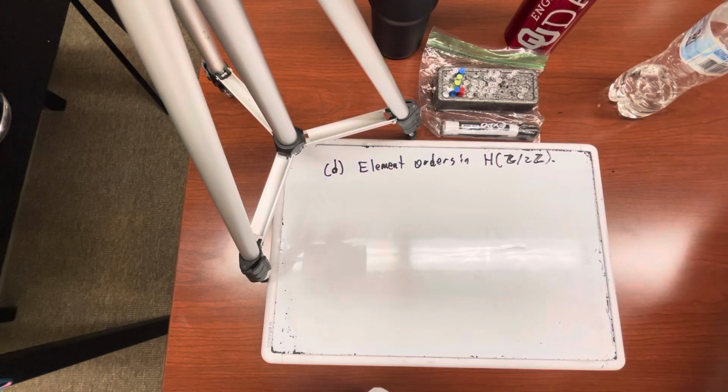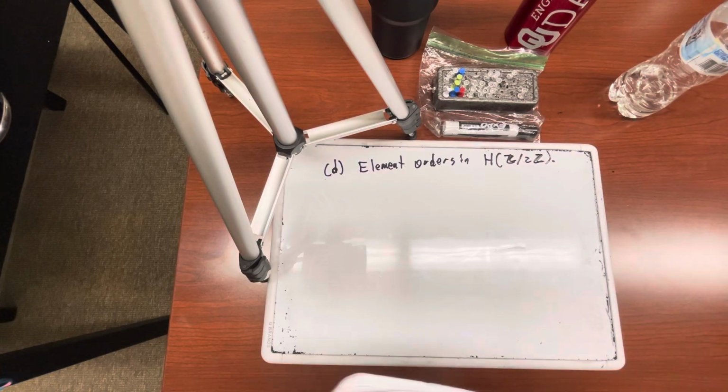Okay, let me just move this. All right. So find the order of each element of the finite group, H over the integers mod 2, sorry. Okay.